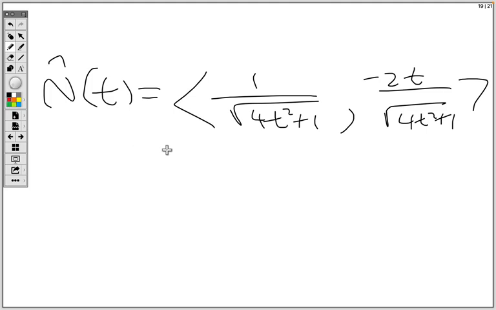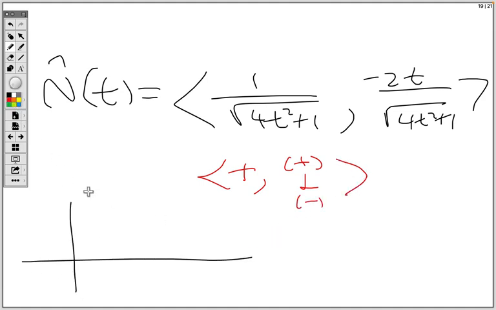Notice in this particular scenario, the x component is always positive, and the y component starts off as positive and then changes to negative as we go across the curve, and hopefully that makes sense. Because as I point these normal vectors, notice the normal vectors are always headed to the right.